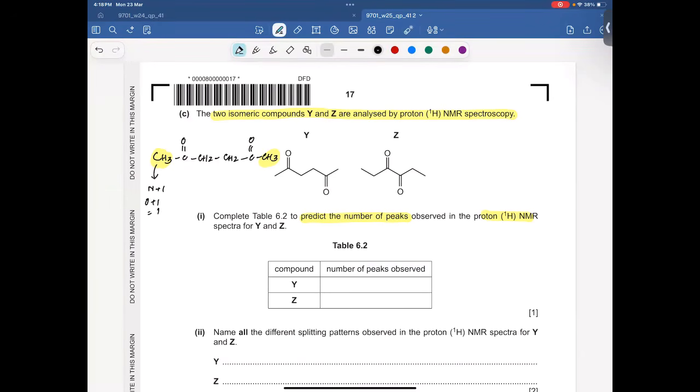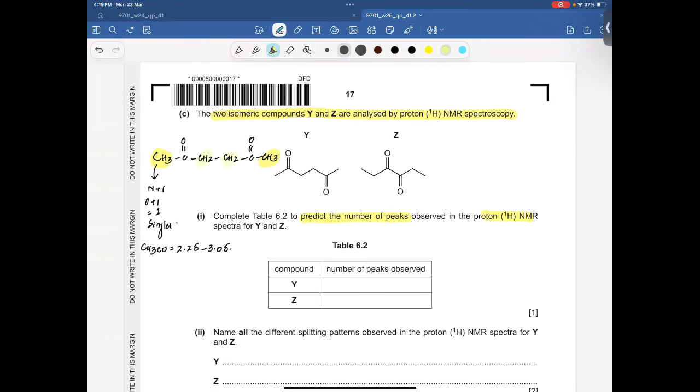You will get 1 and you will get a singlet. Okay. And since it is CH3 attached to carbonyl, the chemical shift of this particular functional group is going to be 2.2 to 3.0 delta. I hope it makes sense to you. Again, let me show you one more thing.